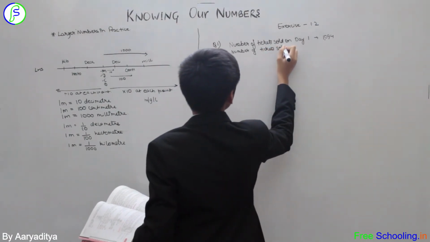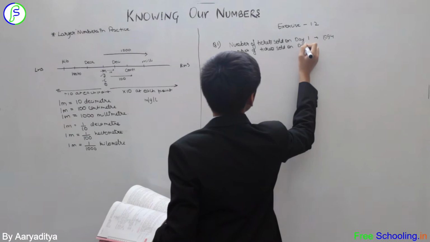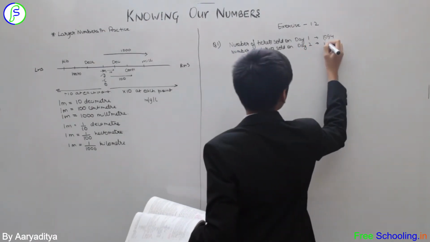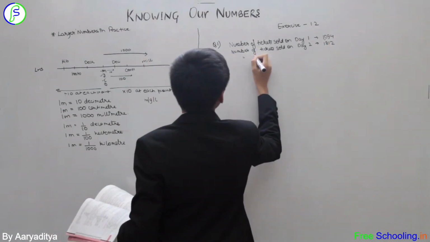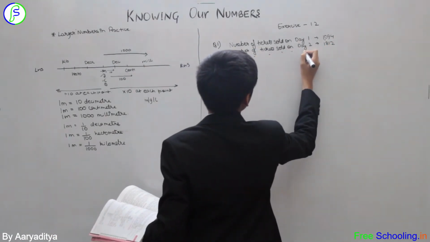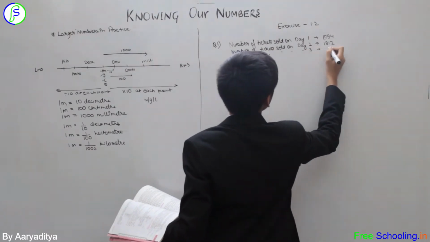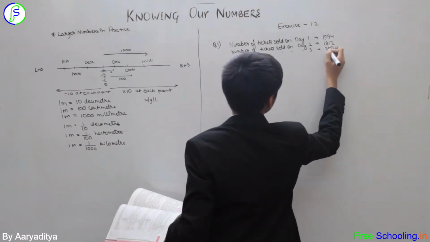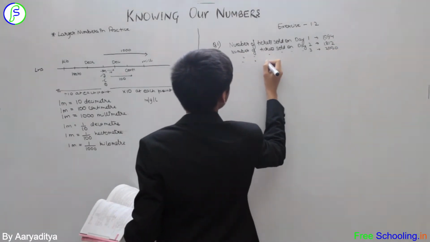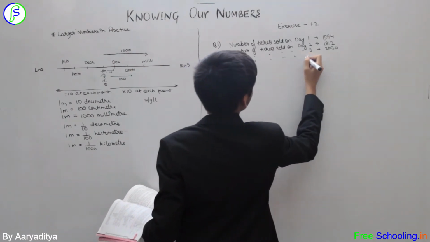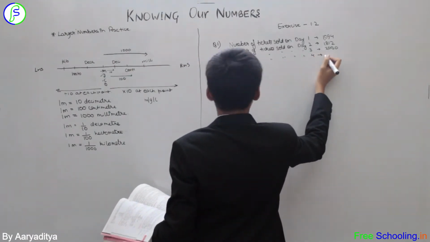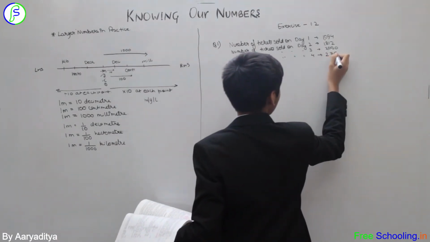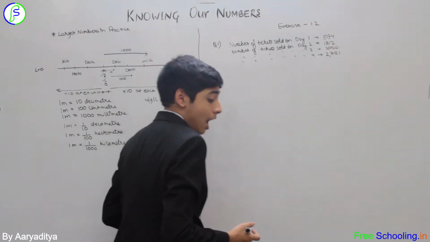Number of tickets sold on day 2. What is it given? It says 1812. Same thing again. Day 3, we got 2050, putting a comma, and number of tickets sold on day 4. So we have 2751. So this is the data given to us, and what does the question ask?